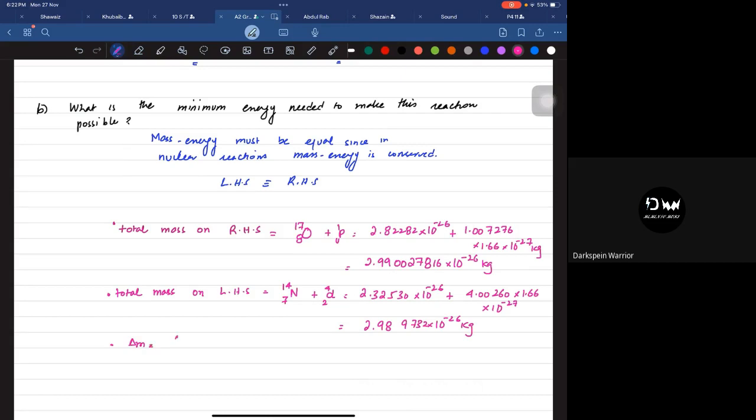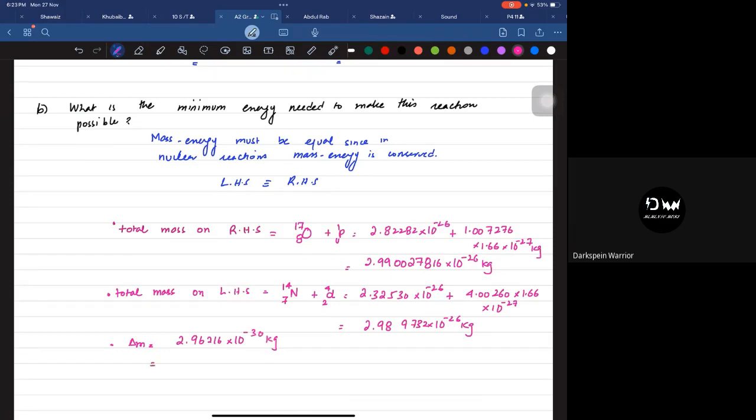That I think what previous class calculated was this one. That's going to be, in terms of kilograms, 2.96216 times 10 raised to power minus 30 kilogram.